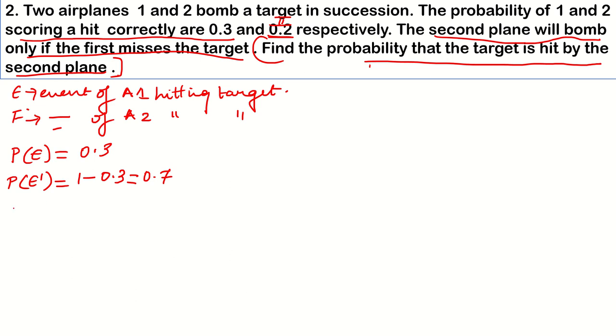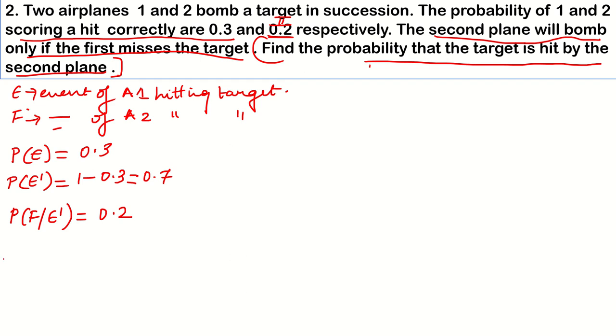Now we know that aeroplane 2 hits only when aeroplane 1 misses the target. So P of F given E dash is given to you, that is 0.2. What is asked? The probability that the target is hit by the second plane.